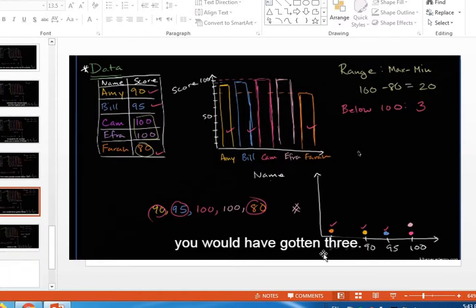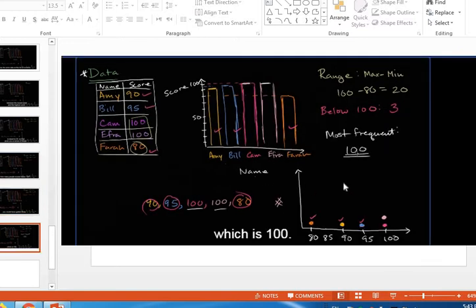You would have gotten 3 in all of them. And if I ask you what is the most frequent record or score, I can see in the table that I have got 100 two times.